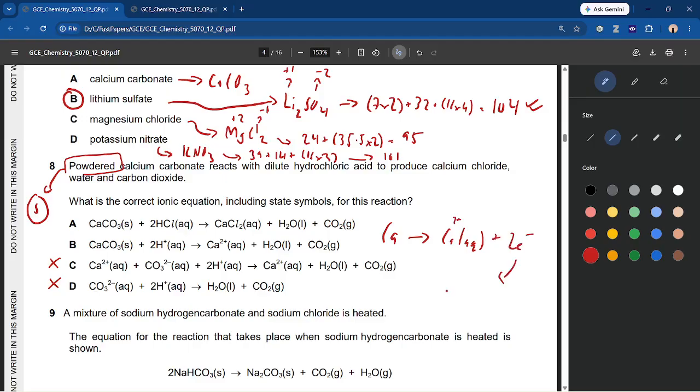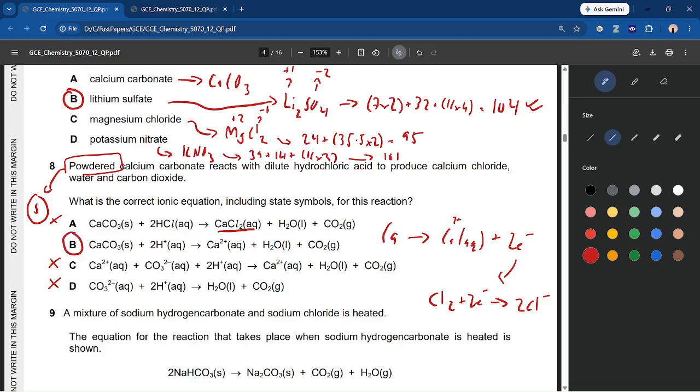So this will be Cl2 plus 2e- to give you 2 chloride ions. Over here, this already says calcium chloride aqueous. This isn't really giving us the ionic equation because we know what ions are liberated, so we can also get rid of this, thus leaving us with B.